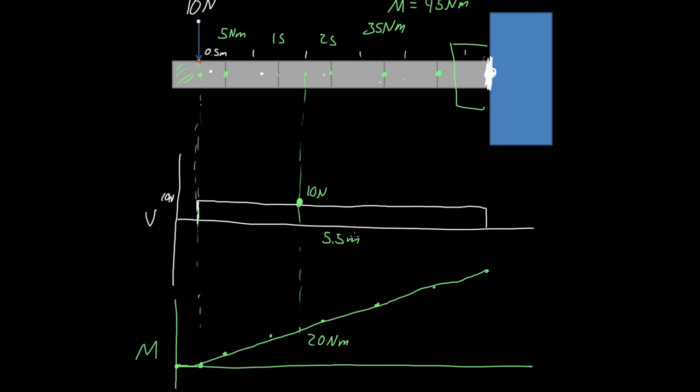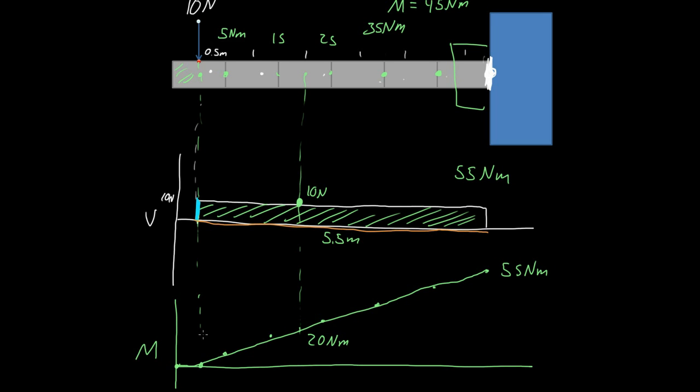If we multiply 5.5 meters by 10 newtons, we get the 55 Newton meters. Notice that's the same as the area under here. The area under here is 55 Newton meters, where you have a height of 10 newtons and a width or length of 5.5 meters.